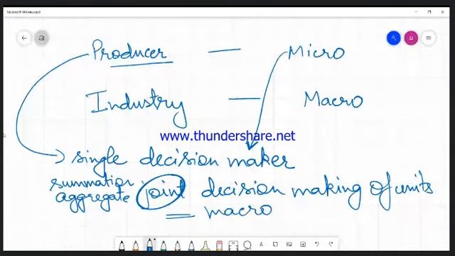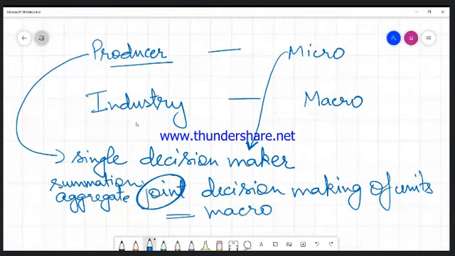You sum up everything. Now you remember in the microeconomics market theory, what we said, industry equilibrium is given. Why did we take industry equilibrium as given? We always talked about how the equilibrium of a firm is decided given the industry equilibrium. So price is decided by the industry. The firm is a price taker. Or even if the firm is a price maker, we are not talking about the industry, because the industry is not one individual.